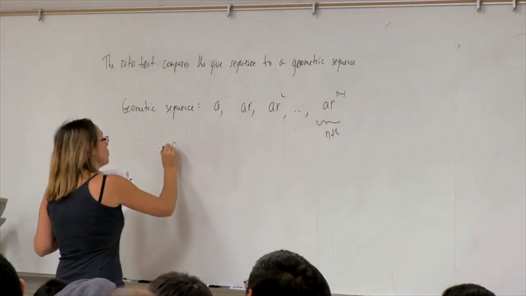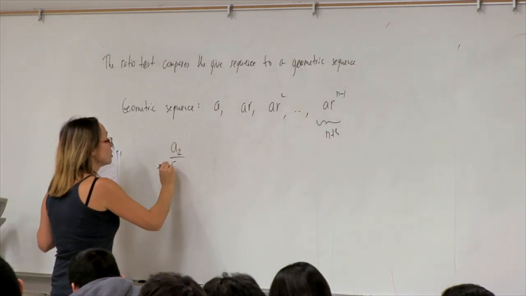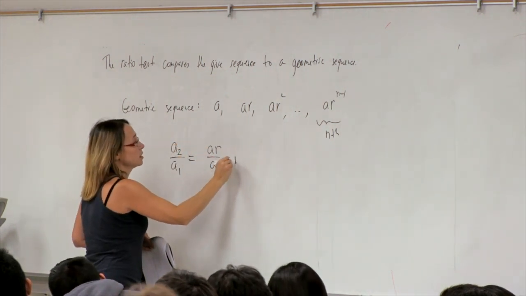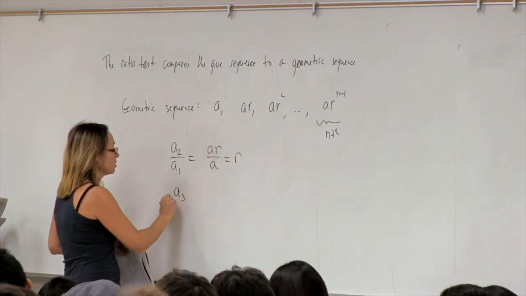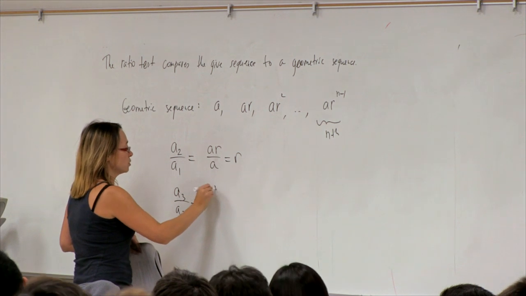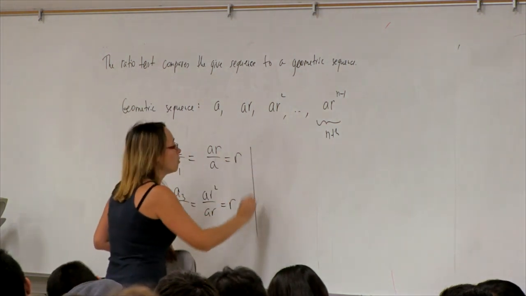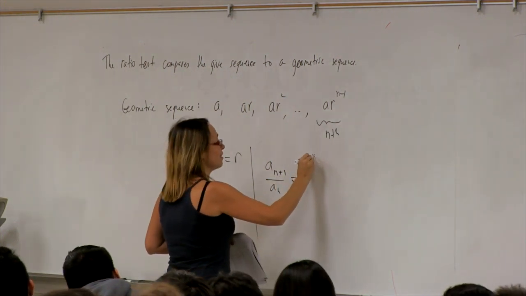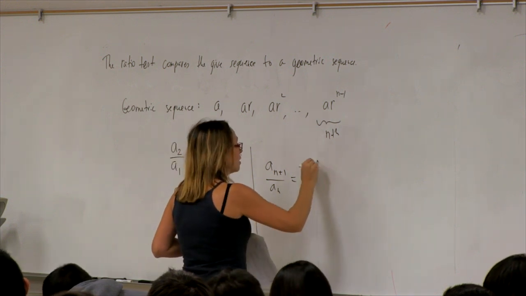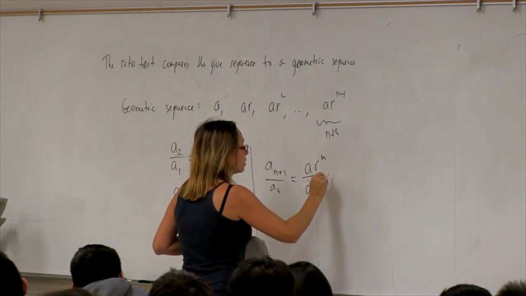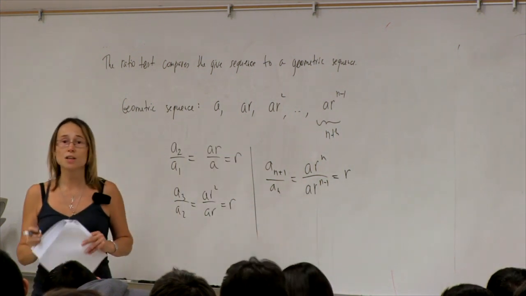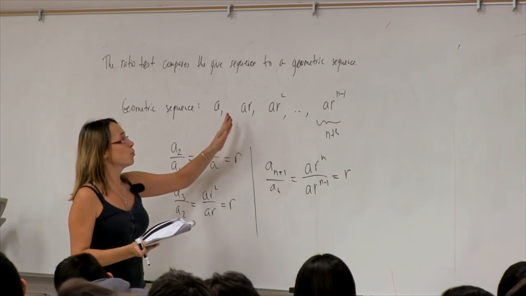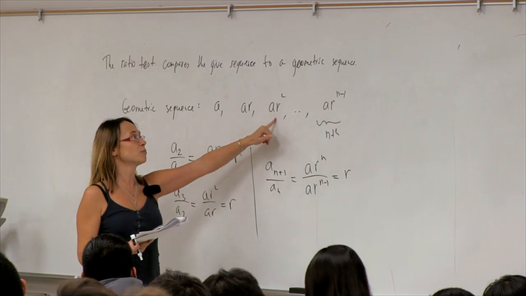What is a_2 over a_1 for this sequence? Of course, it's ar over a. This is r, right? What is a_3 over a_2? ar squared over ar is r. What is a_(n+1) over a_n? That's ar^n over ar^(n-1). So that's r. By the very definition, a geometric sequence has terms where each term differs from the previous one by a factor of r.